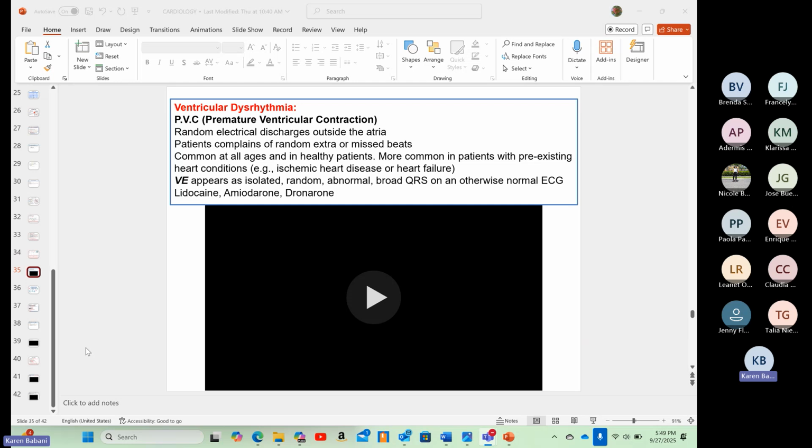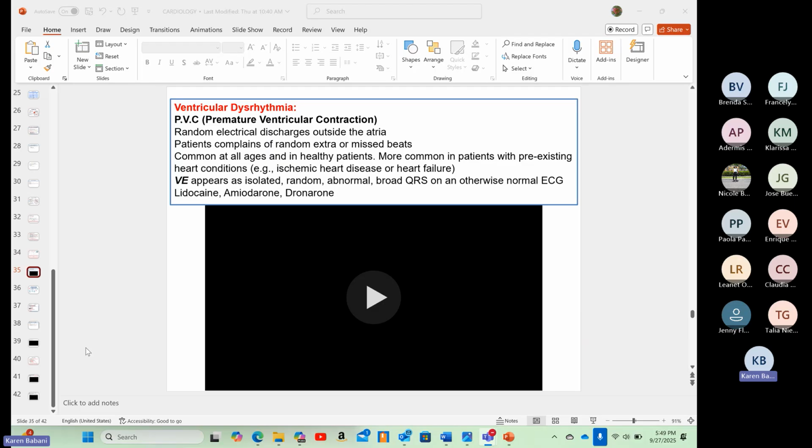This is a benign finding if it's isolated. What does that mean? If you only have one or two, one here and there. The problem is if you have several of these, between 6 to 10 continuous, one after the other. This will turn into a ventricular dysrhythmia, and then you have an issue. This is basically a random discharge that came in the ventricle, some random electrical signal that didn't come from the atria, it just came from the ventricle.